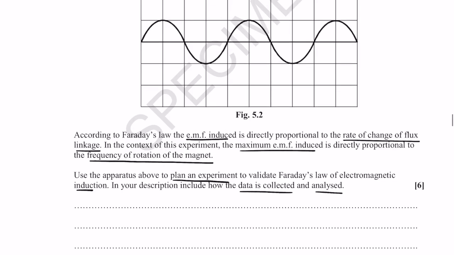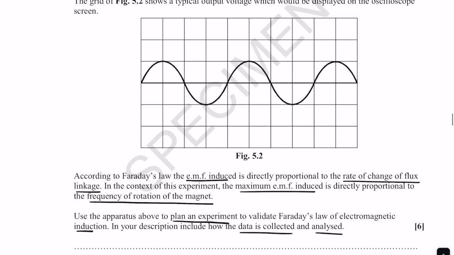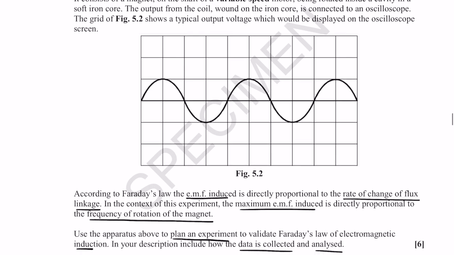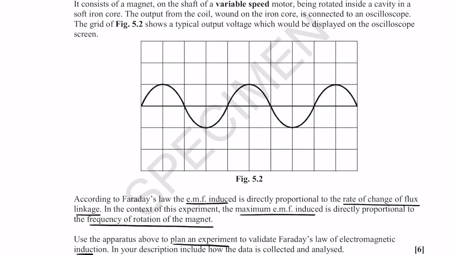Honestly, I think this is one of the nicest questions they can ask you, because you already know the formula. I'm going to ignore Lenz's law and just say that EMF induced is N delta phi over delta t for Faraday. Strictly talking about Faraday's law here.